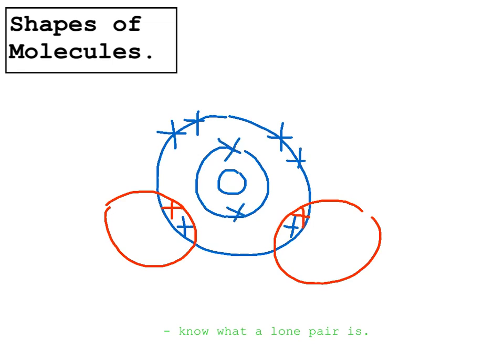And basically, the lone pairs are these electrons here that aren't bonding with anything. So they're by themselves. So I'll just finish off this diagram. They're not bonding with anything, they are alone, and they're paired, if you like, a lone pair.